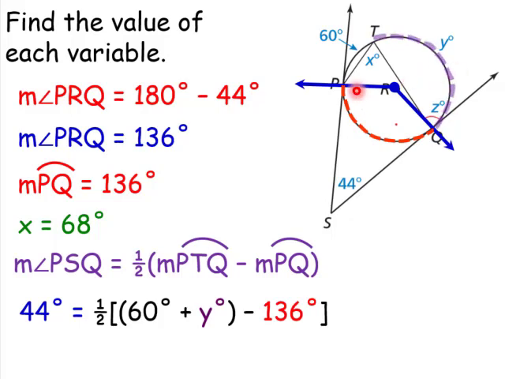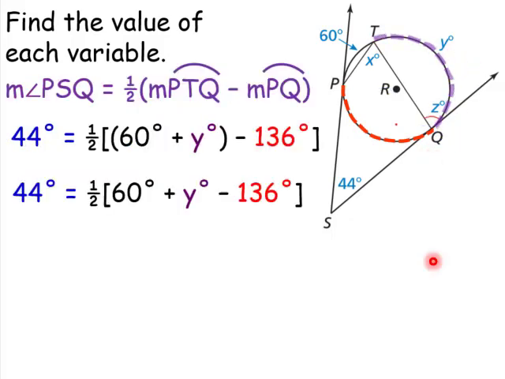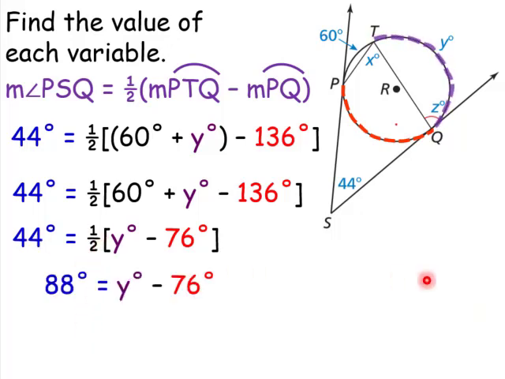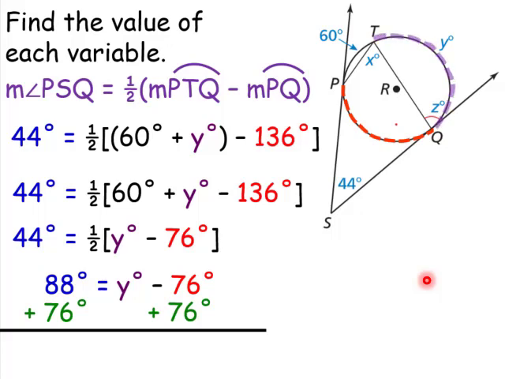Again, PTQ is 60 plus y. We can lose the parentheses. Combine inside our brackets, 60 minus 136 is minus 76. Multiply both sides by 2, so we can get rid of that fraction. Add 76 to both sides, and we have y is equal to 164.